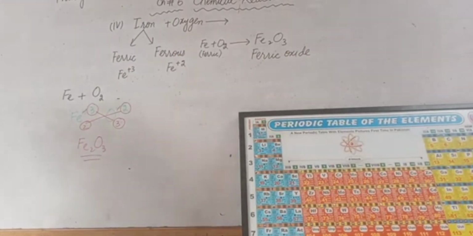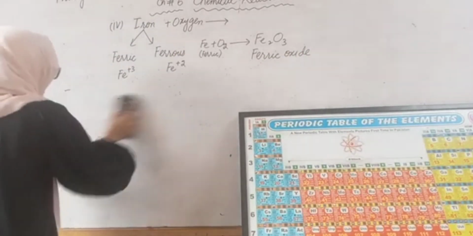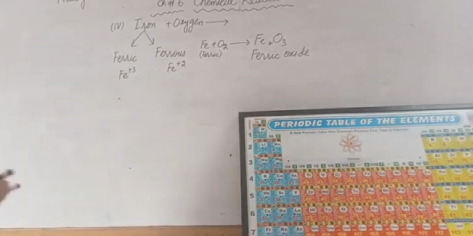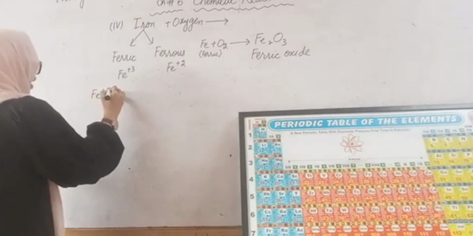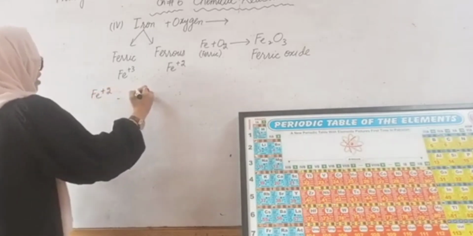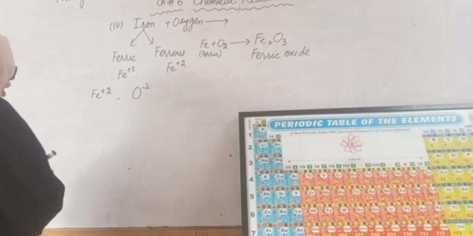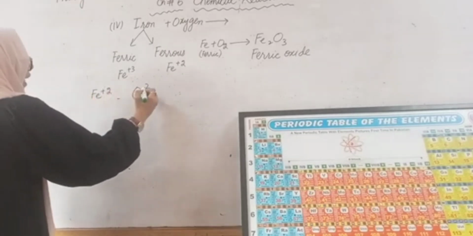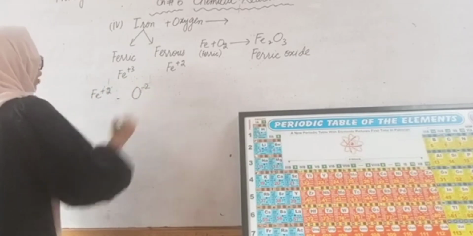Similarly, we do the same thing for ferrous as well. Fe has charge plus 2 for ferrous and oxygen has charge minus 2. Opposite signs will be cut with each other, and 2 ones are 2, 2 ones are 2.